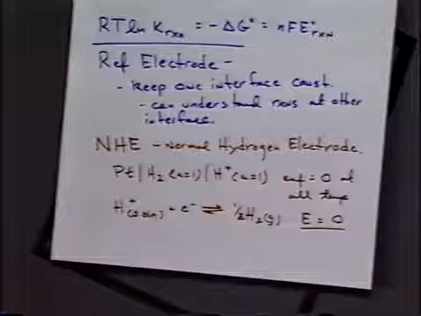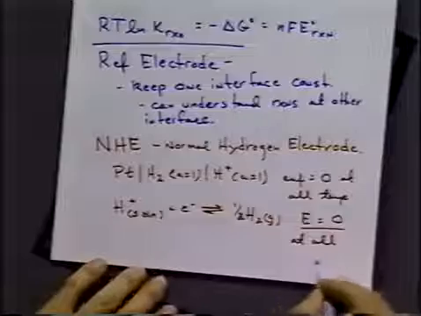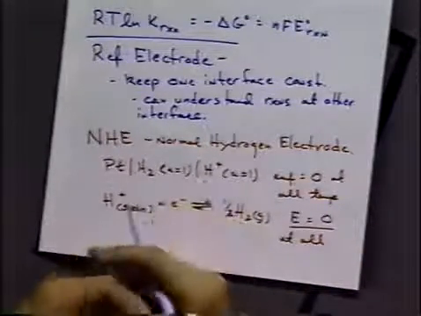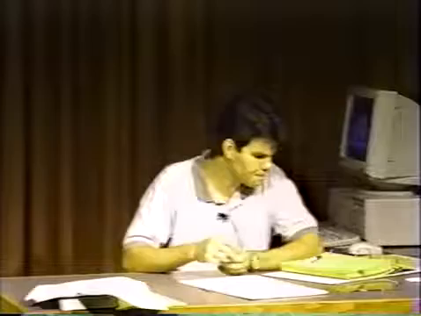So those two systems are also 0 at all temperatures. And these are 0 by convention and definition, not by physical reality. We have to have some standard, and that's what they've chosen to use. Okay.